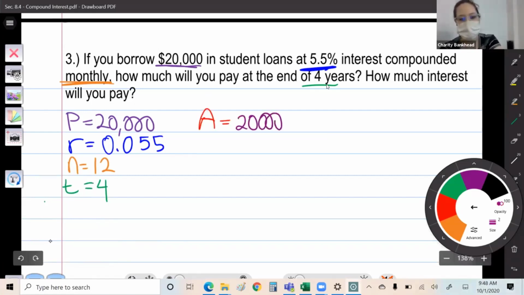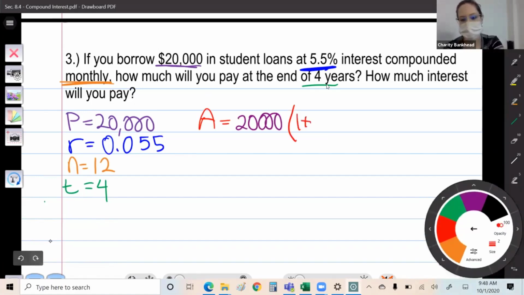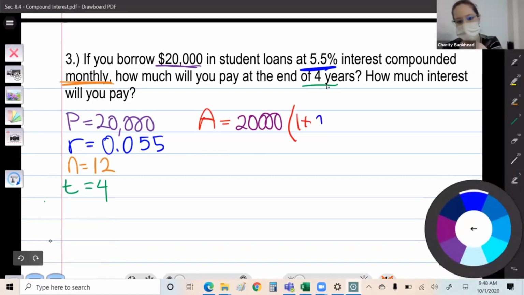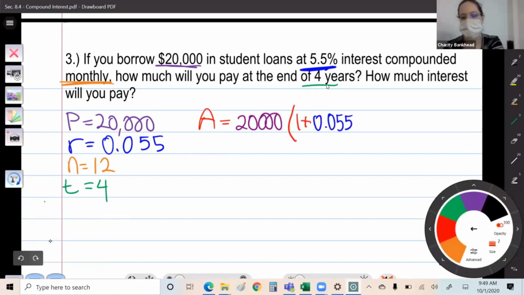So A equals 20,000, open parentheses, 1 plus 0.055 divided by 12, close the parentheses, raise it to the power of, open parentheses, 12 times 4.